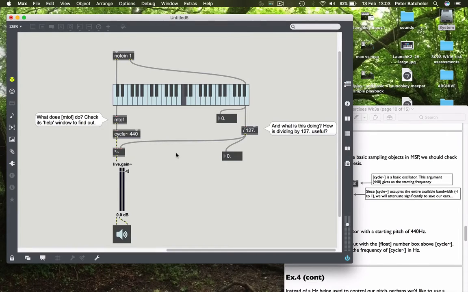If I hit the key moderately hard, so we get 67 out of here, then you divide that by 127, and we get a value of 0.5-ish. So about half as loud as it can be, and you'll notice that the volume here is attenuated. Because this is a logarithmic scale here, we're not seeing it. It doesn't look as though it's half, but in fact it is half the energy.